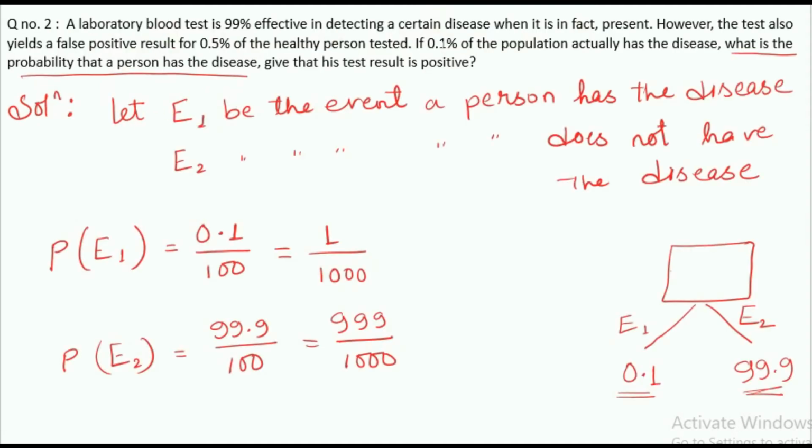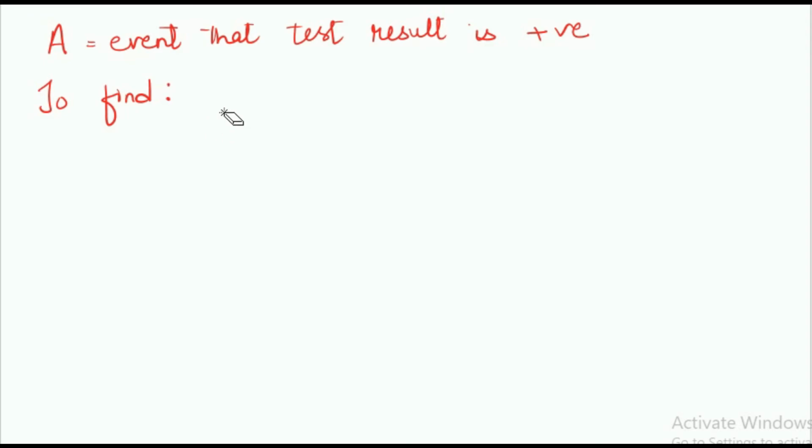Check here: what is the probability that the person has the disease? That means E1. Given that the test result is positive, how do we write it? Probability of E1 given that the test result is positive. This is what we need to find.